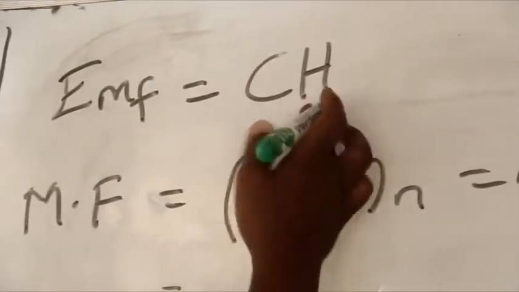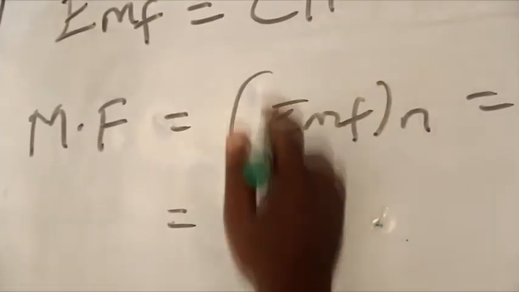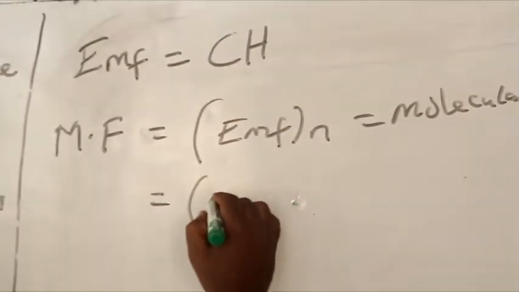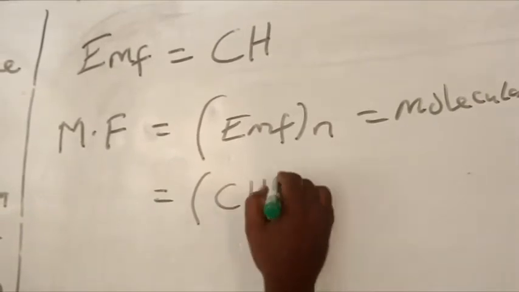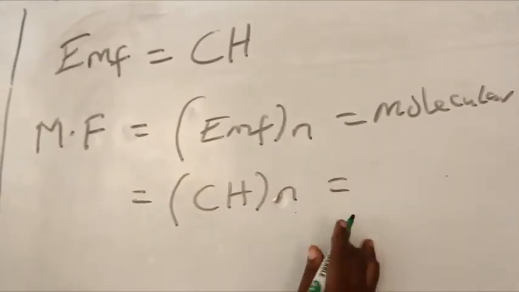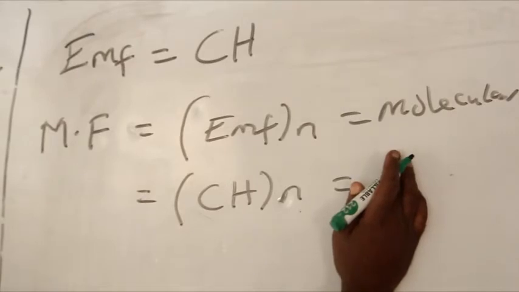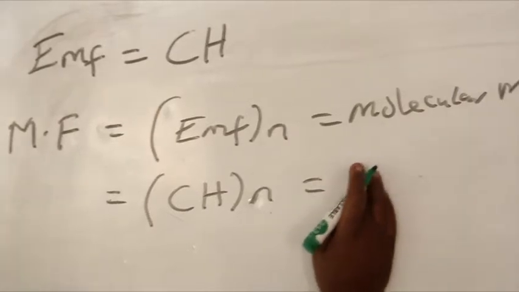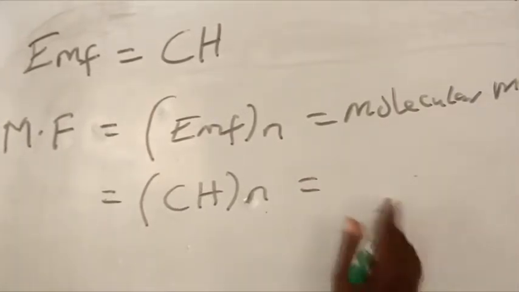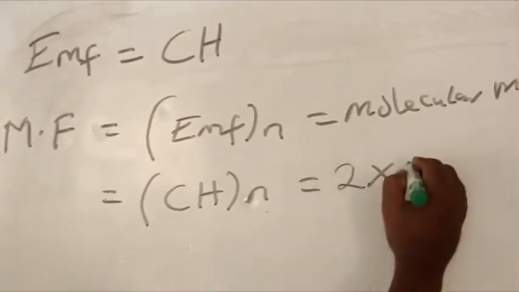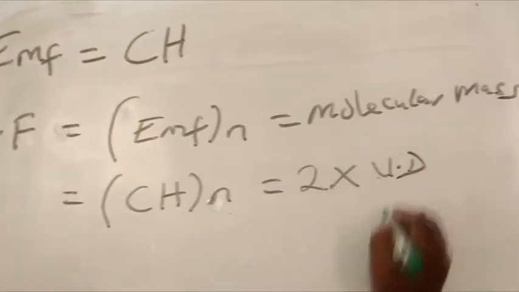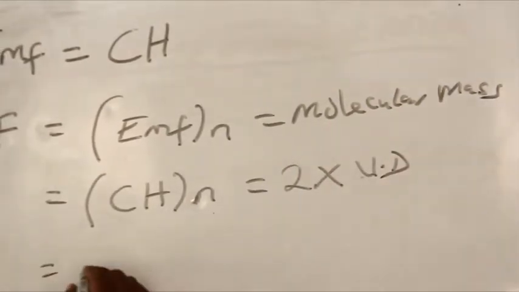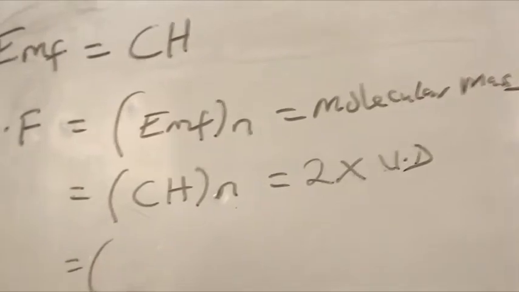Now bring in the empirical formula that was given to you. You substitute it. This gives us CH, n. Remember, vapor density was given to be 39 from the question. So the vapor density should be converted to molecular mass by multiplying the vapor density by 2, that is 2 times VD.